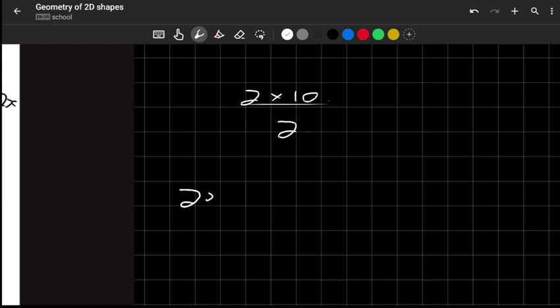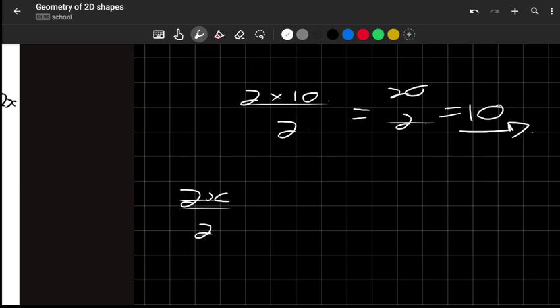I said 2x divided by 2, you'll find x by itself, right? So 2 times 10 divided by 2, that will give you 2 times 10 is 20. Divided by 2, you'll get 10, right? But you could have just said 2 multiplied by 10 over 2 is equal to, cancel that and that, then you have 10.